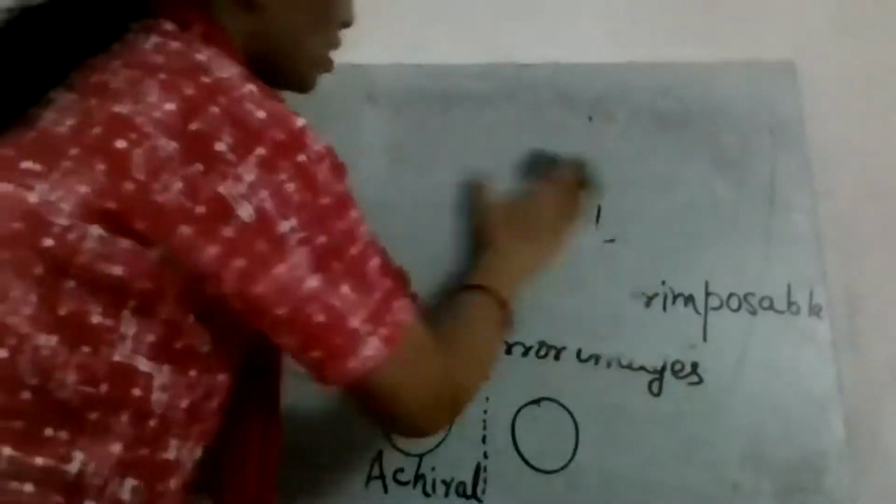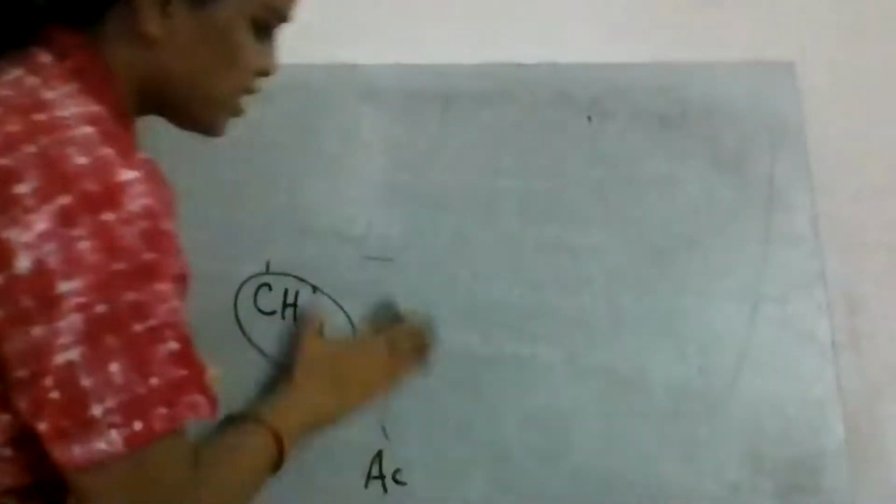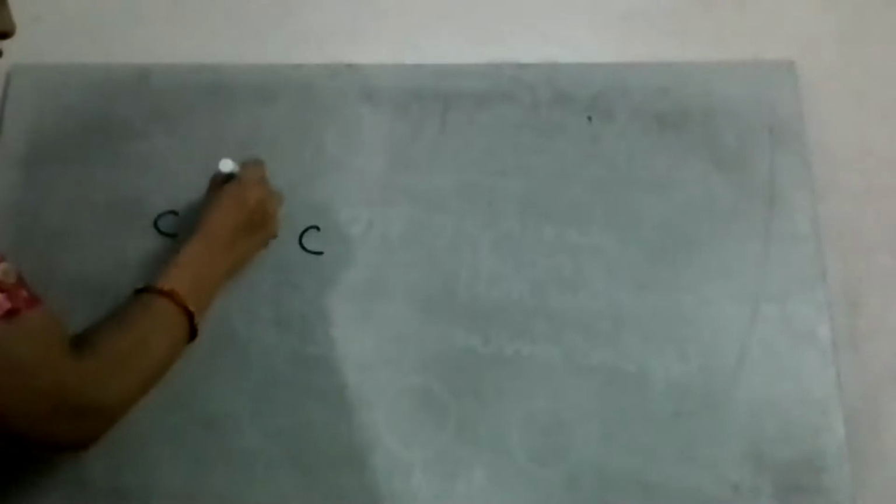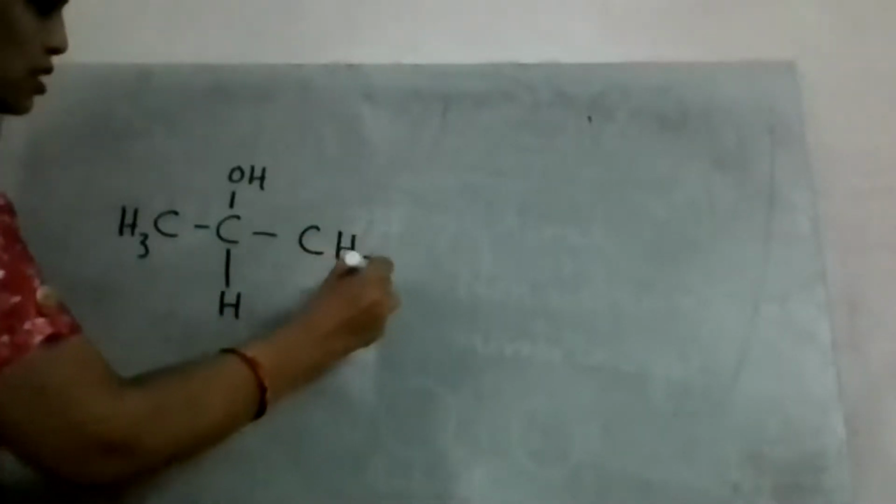See, propane-2-ol. If I write the structure of propane-2-ol, I'll also show its mirror image. Propane-2-ol has 1, 2, 3 carbon atoms: CH3, H, CH3. Now find out whether this carbon is asymmetric in nature or not.